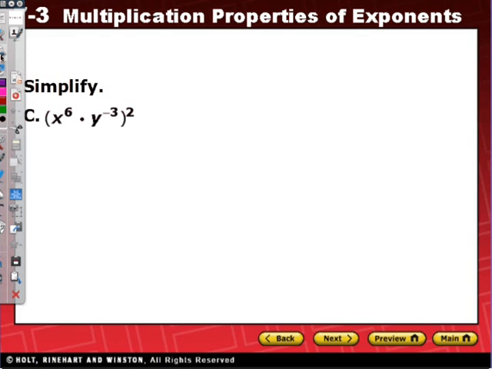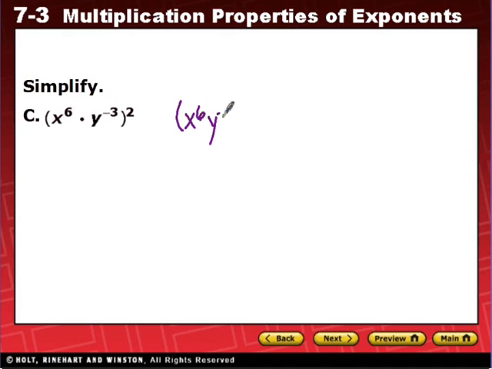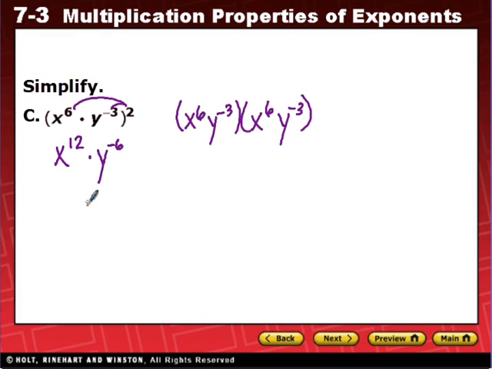Now that you're back, you should have either written it out twice so that you could see how to combine things with the earlier properties we've used, just by adding up the exponents, or you're distributing. 6 times 2 is 12. Negative 3 times 2 is negative 6, and then it needs to be simplified.